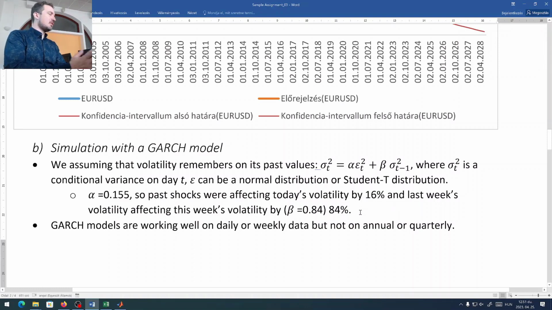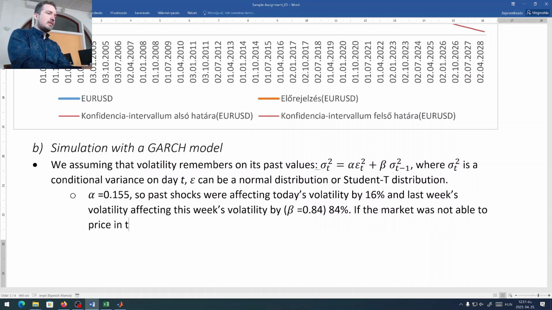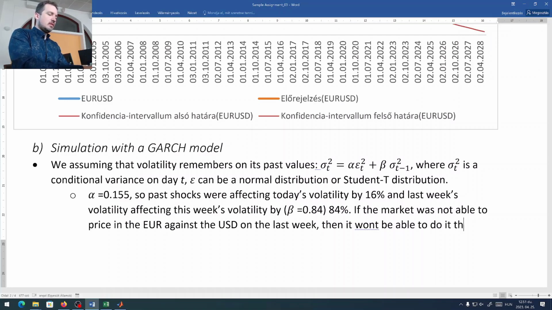So if the market was not able to price in the euro against the USD last week, then it won't be able to do it this week either.